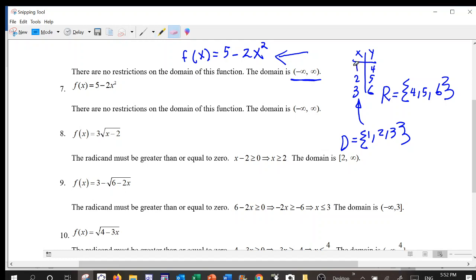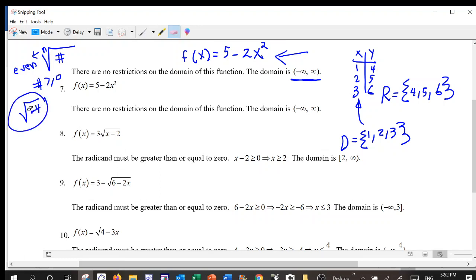One problem is when we have a radical with index n, and n is an even number. Remember, if the index of a radical is even, the inside cannot be a negative number. So this number right here has to be greater than or equal to 0. Otherwise, this doesn't make sense. For example, the square root of -4 is not a real number.